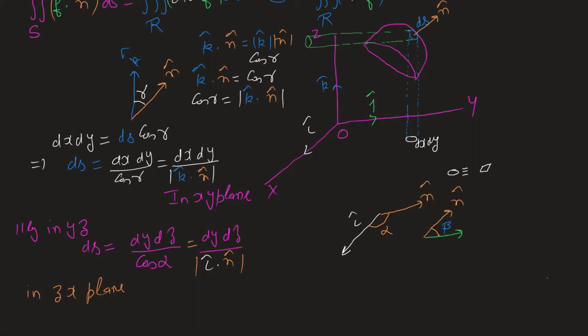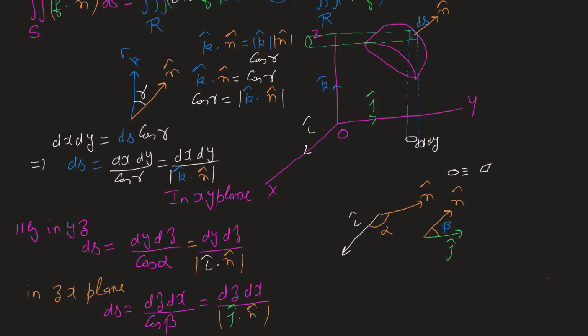In this case, ds will be equal to dz dx divided by cos of beta, which is further equal to dz dx divided by j cap dot n cap. So this is the projection in the zx plane.